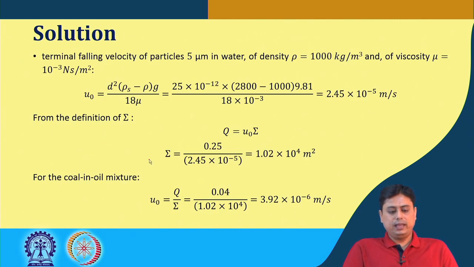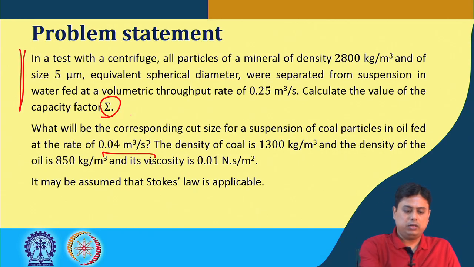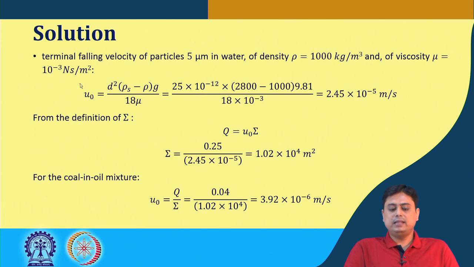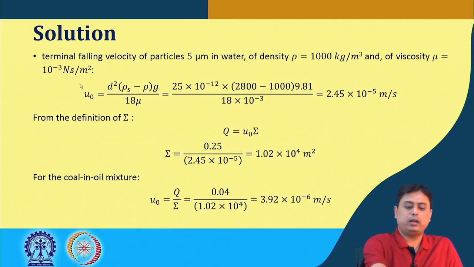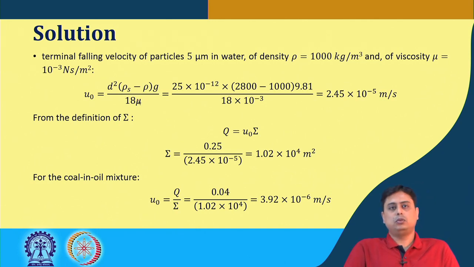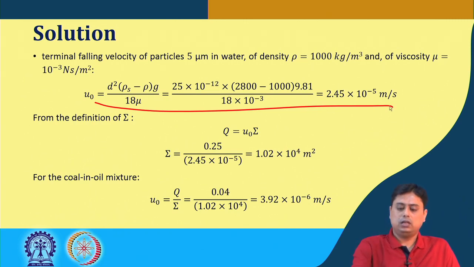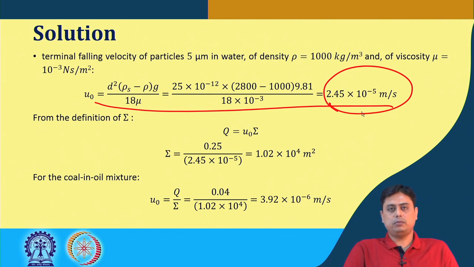So, we quickly see that for the first part the particle size is given as 5 micron, so we can easily calculate the terminal velocity, that is d square into (rho s minus rho) multiplied by g divided by 18 mu. This expression gives the particle terminal velocity as 2.45 into 10 to the power minus 5 meter per second.